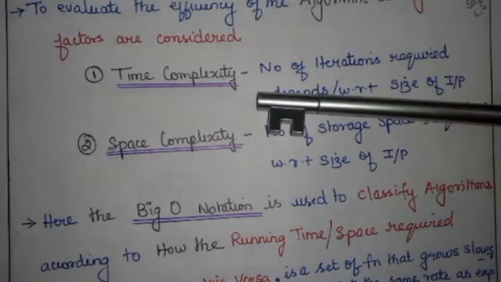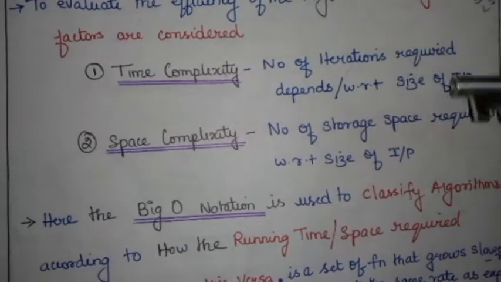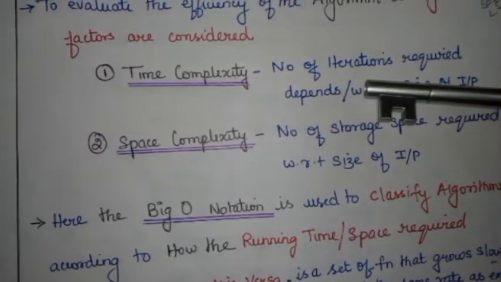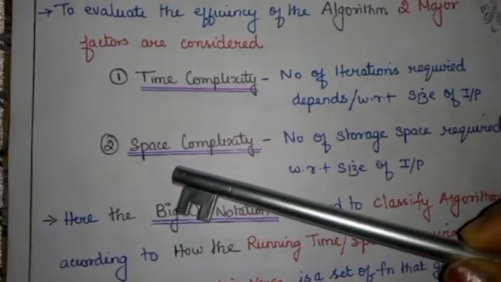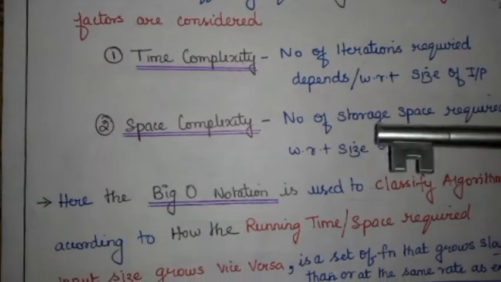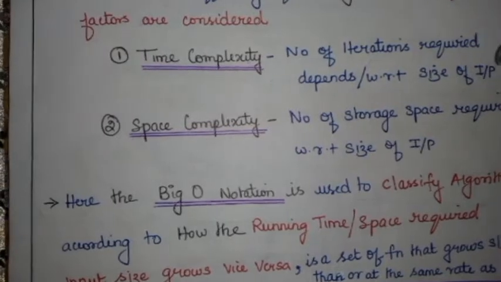Time complexity is nothing but the number of iterations required, which depends on the size of the input, whereas space complexity is nothing but the storage space required with respect to the input.